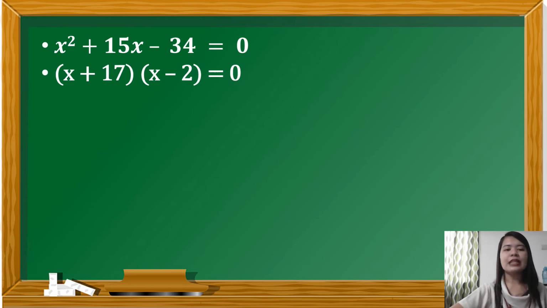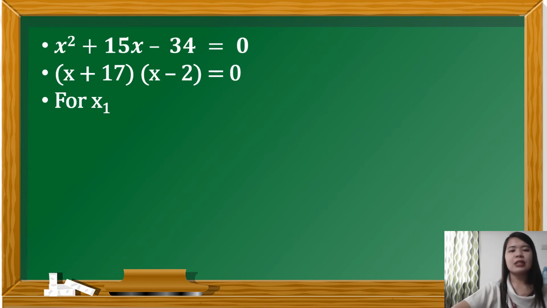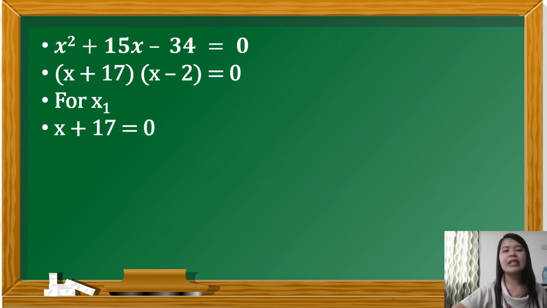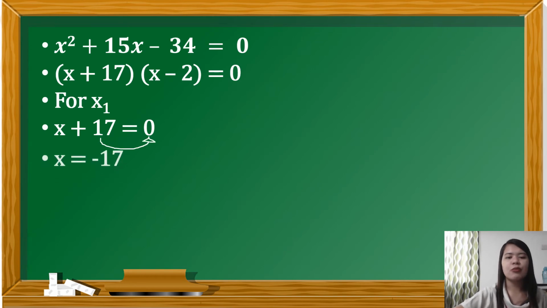Now, we will get the first value of x, or the x sub 1. We will equate x plus 17 to 0. So we have x plus 17 is equal to 0. To solve for this, we need to move 17 to the other side of the equation, making it negative. So we have x is equal to negative 17.